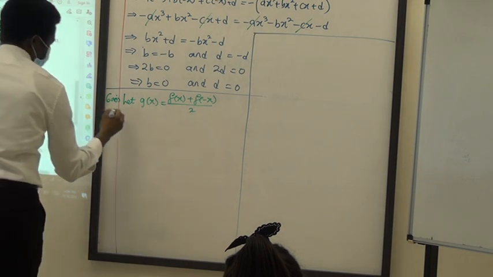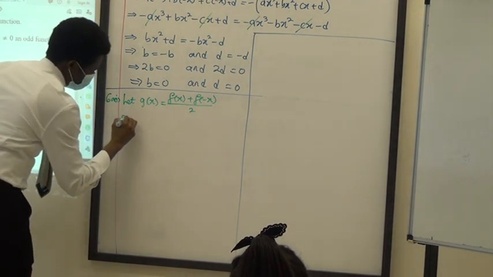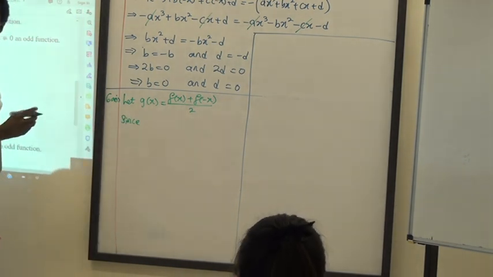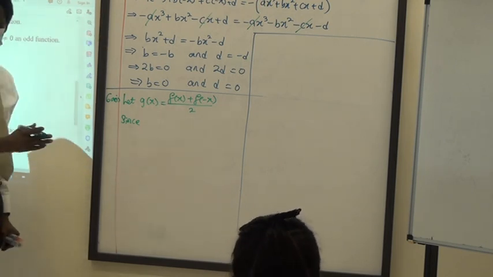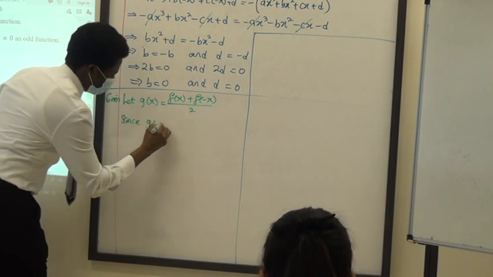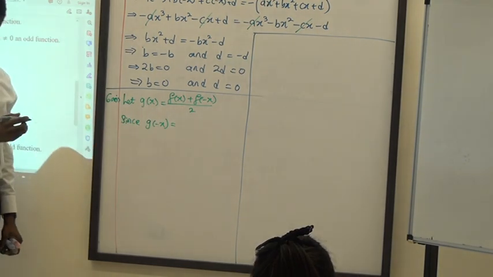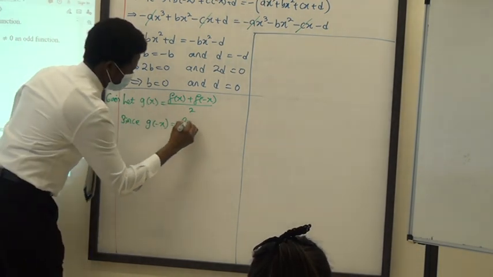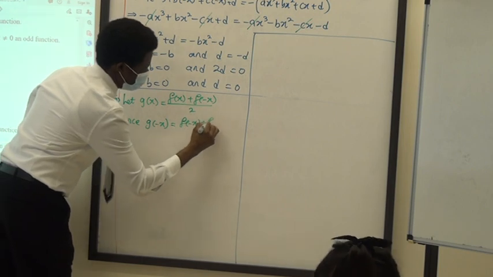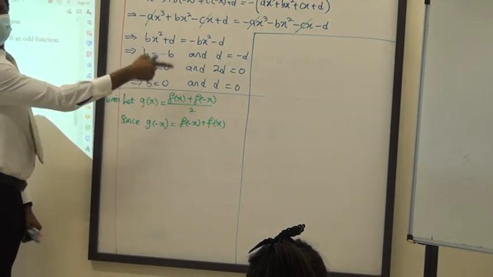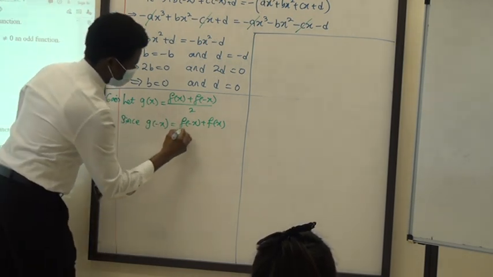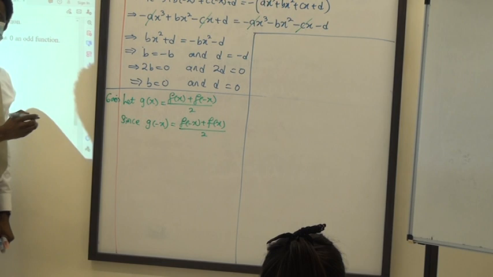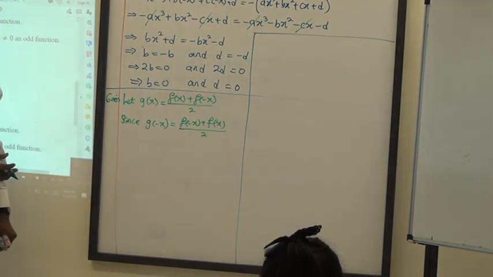So you start by evaluating, since g of negative x equals f of negative x plus f of x, because that will be negative negative x, divided by 2, which you can just rearrange.